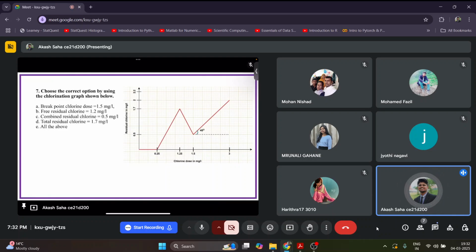Four options are given. You have to tell me which of them is correct. Look into the graph and calculate the breakpoint chlorine dose, the free residual chlorine, the combined residual chlorine, and the total residual chlorine. If all of them are correct, then option E will be correct.